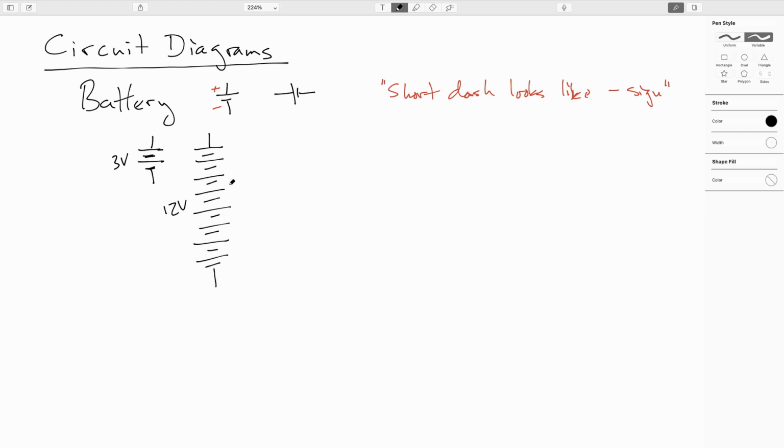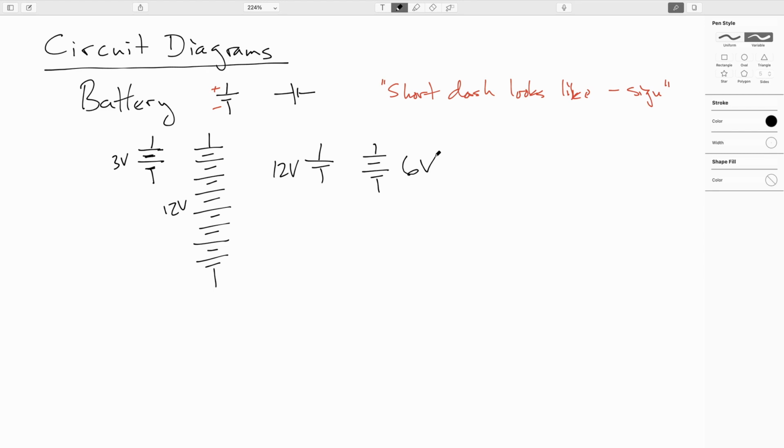Now, it turns out that with rechargeable batteries, the rule of thumb that you can get 1.5 volts per cell within a battery really doesn't hold anymore, and the values are all over the map. So what's normal now is to just draw this or this and just write the voltage next to it, say 12 volts, or maybe this was 6 volts, whatever.